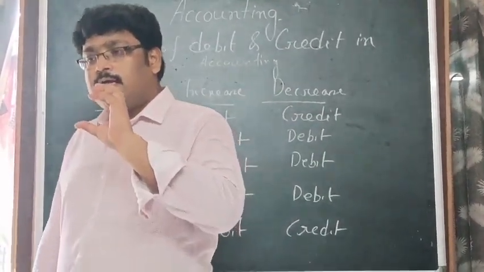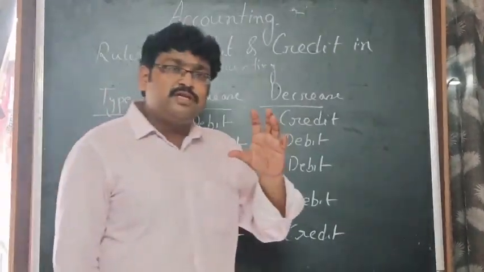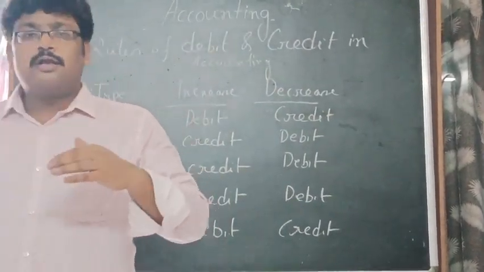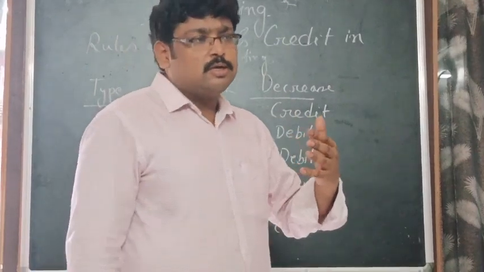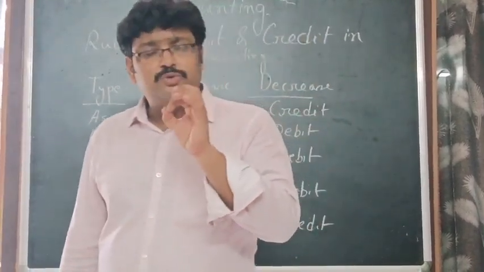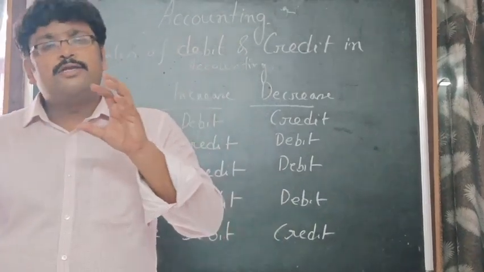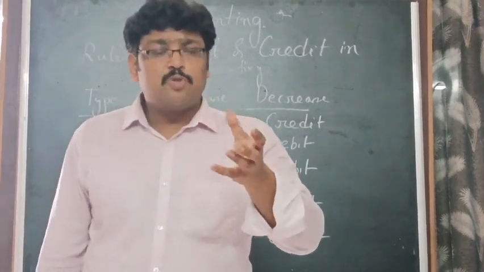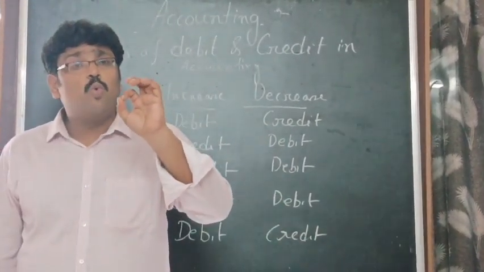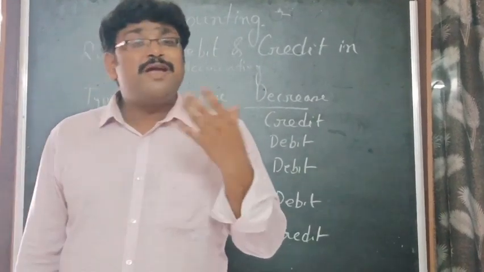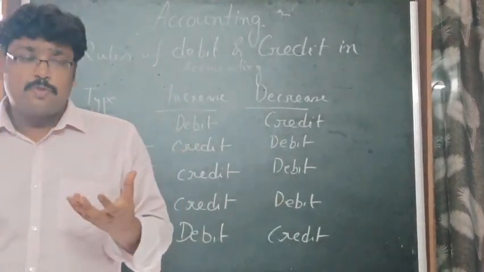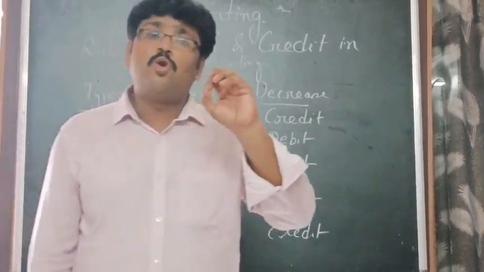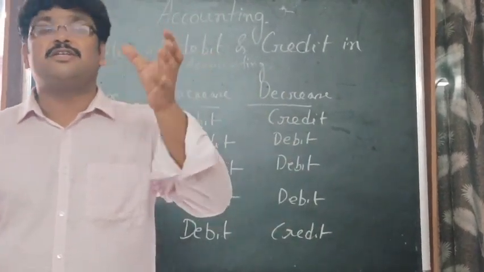If I like to keep these business transactions in a book, considering the accounting procedures, principles, and rules, then we should write in two ways. Always there are two ways for making an entry in the book. One is credit and another is debit. There are some rules regarding debit and credit.